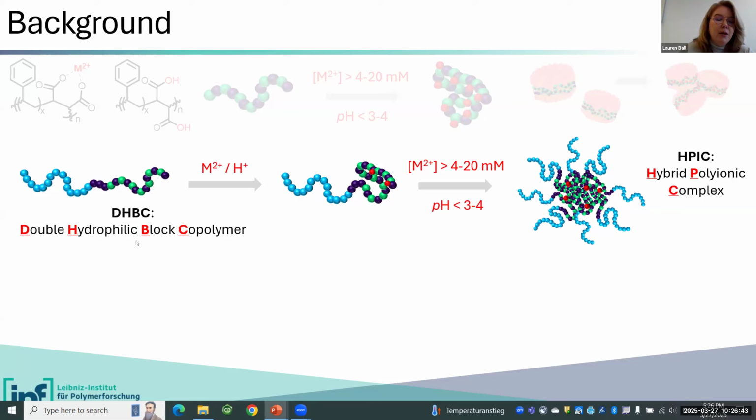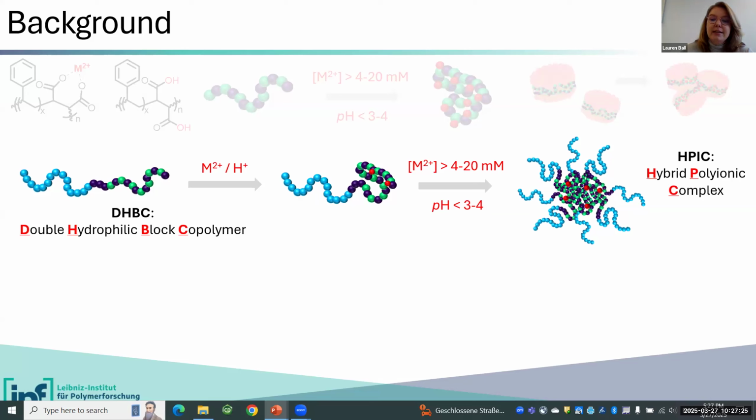Now, double hydrophilic block copolymers are generally composed of two water-soluble blocks, where one of the blocks is permanently water-soluble, so in this case, the blue block, and the other block is water-soluble under ambient normal aqueous conditions, and upon application of a stimulus, in the case of SMA being a divalent cation or a proton, that yields a loss of charge in that particular block of polymer, and that yields collapse of one of the blocks, which under appropriate conditions, high enough concentration of the cation, high enough concentration of the copolymer, etc., you should get aggregation.